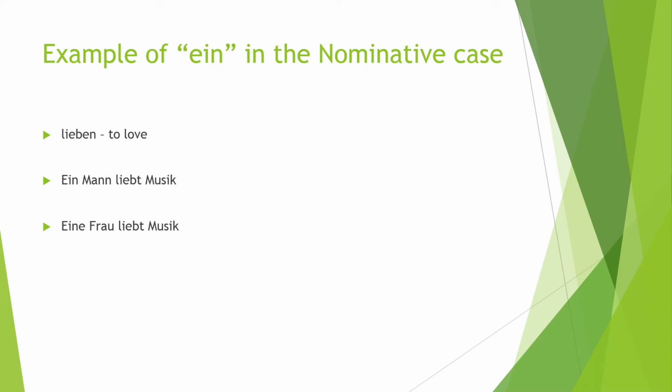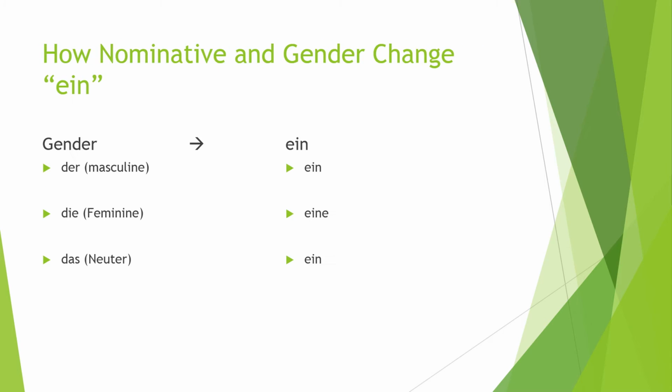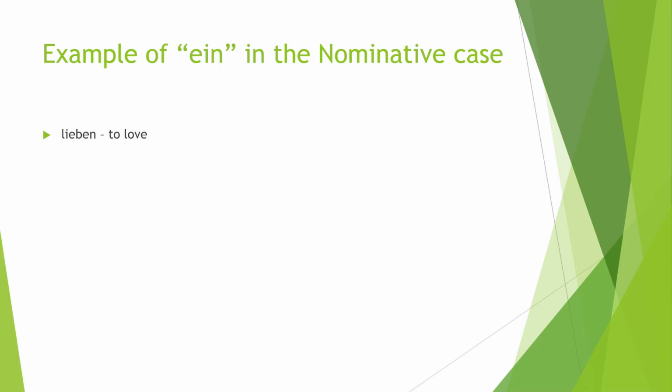In our next example, we see the feminine article for die Frau. It changes ein to eine. It throws that e at the end. So we see eine Frau liebt Musik. Now, these sentences mean, if it wasn't already obvious, a man loves music, a woman loves music, and here we'll see a child loves music. Ein Kind liebt Musik.